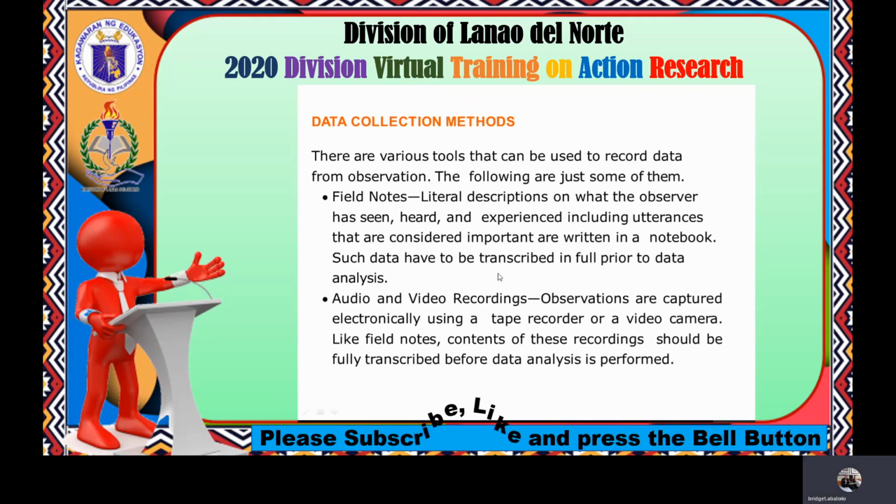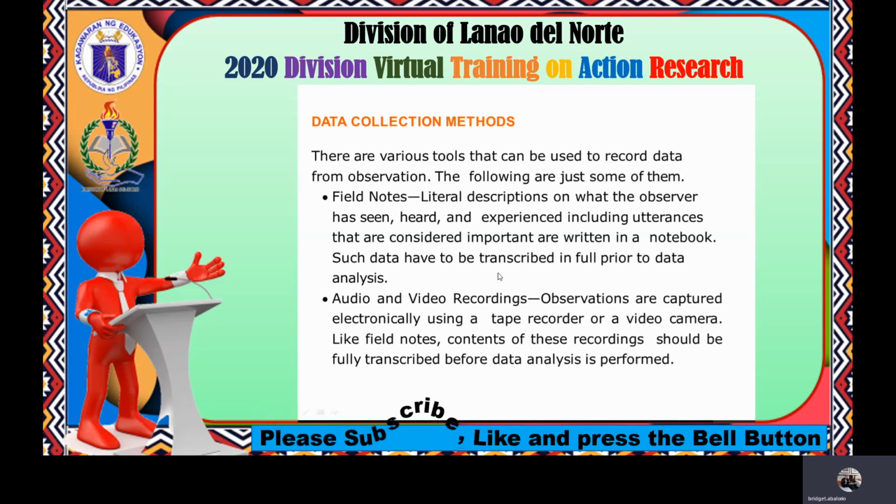Field notes, that is one tool. Second tool is audio and video recordings. Observations are captured electronically using a tape recorder or a video camera. So, usually karon mga cellphones na ang inyong record. Be sure lang gyud nga dili full ang inyong cellphone.